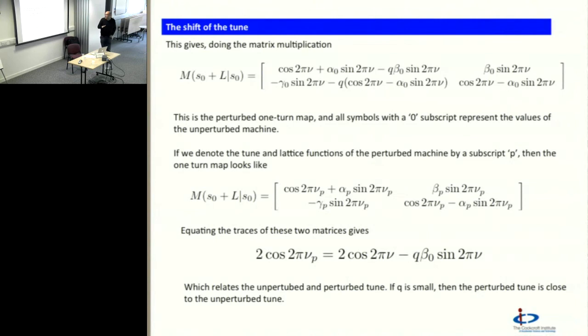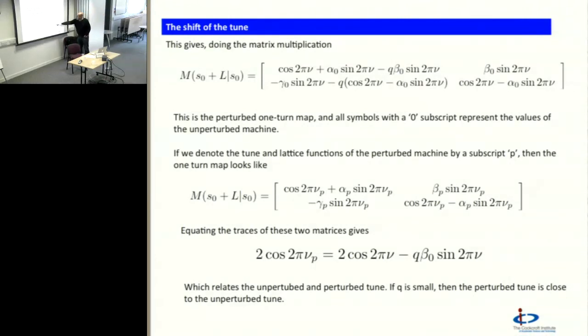See what I mean, what I've done there? So I can figure out the new tune, because tune is linked to the trace of these matrices. Because this is with the perturbation, and that's the parameterized new perturbed one-turn map, I can equate the trace of that to the trace of that, to link the 2 quantities together.